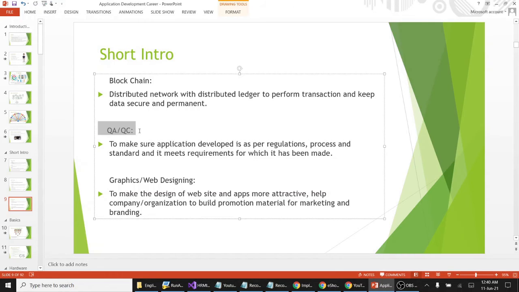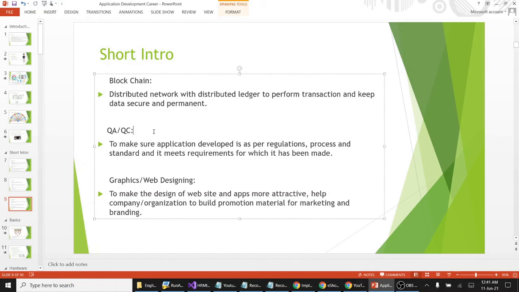And the next field is quality assurance and quality control. For the application being developed by the organization or company, we ensure that it is according to the process standards and requirements, and that it fulfills the requirements of the regulations.